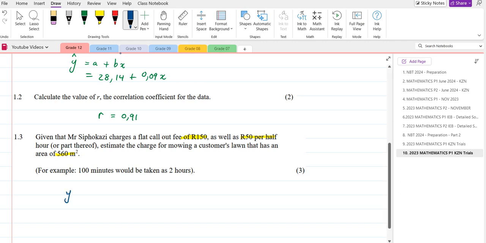So we're going to calculate the time in minutes it takes him. 28,14 plus 0,09 times 560. So we're going to check how many minutes this is now.